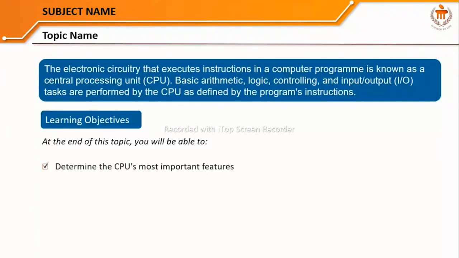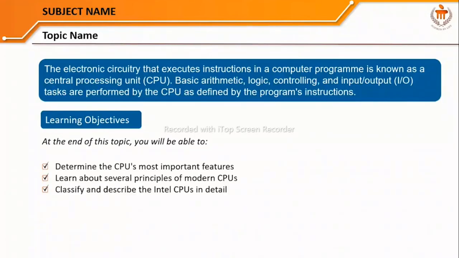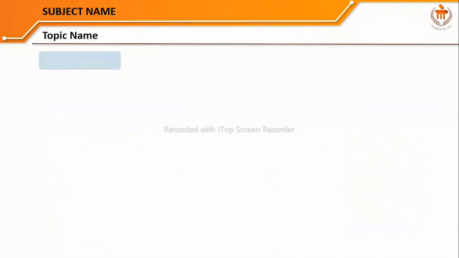Today we have learned the most important features in principle of modern CPUs, described the details, CPU overclocking, what overclocking means and how we can perform it.